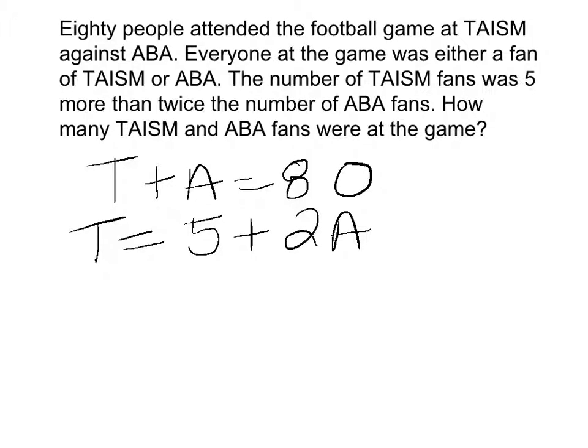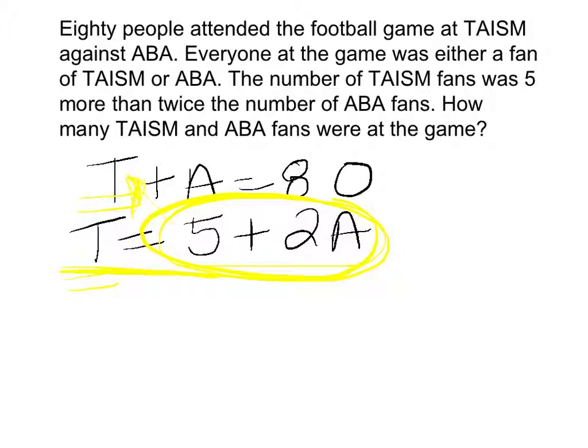The reason why we want to solve this by substitution is that the variable t is in both equations, and here t is solved for. So anytime we have t in another equation, we can replace t with this expression. We're actually going to put 5 plus 2a in for t.